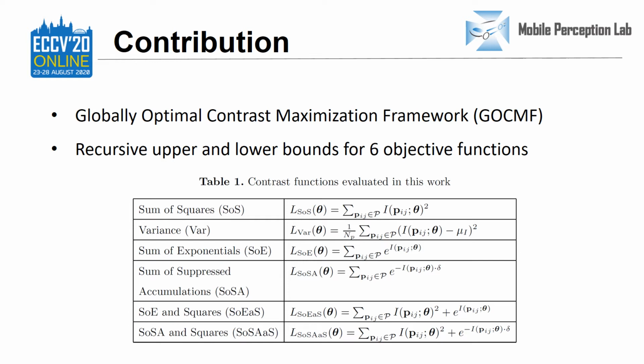The solution space is subdivided into branches for which we only need to compute upper and lower bounds for the maximum objective value. We derive novel upper and lower bounds for 6 different contrast functions as objectives. They are evaluated recursively and thus very efficient.